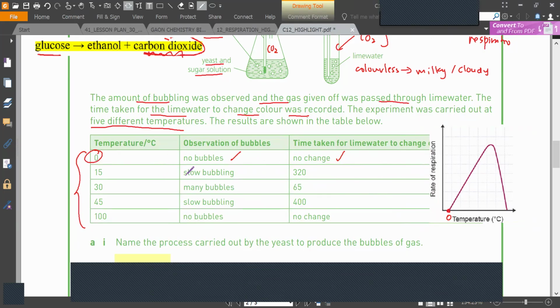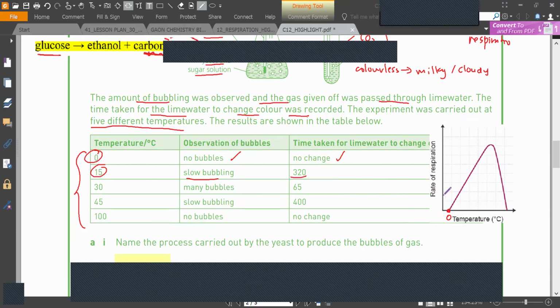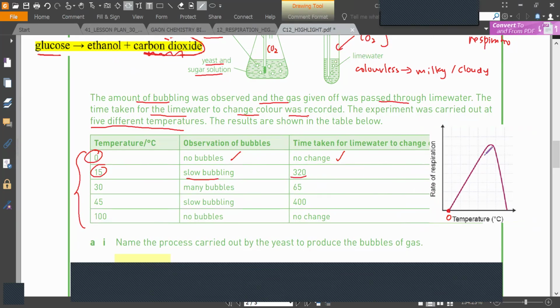At 15 degrees, slow bubbling, takes a long time. At 30 degrees, we have many bubbles. At 45, slow bubbling. At 100 degrees, no bubbles. So that is the typical behavior of respiration with different temperatures.